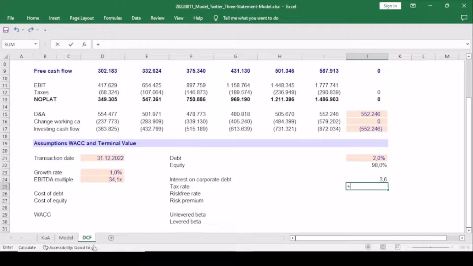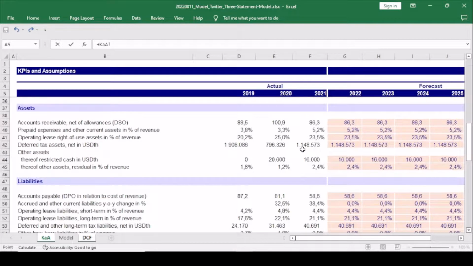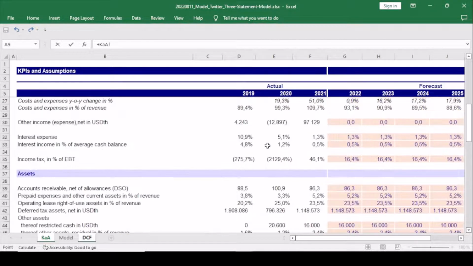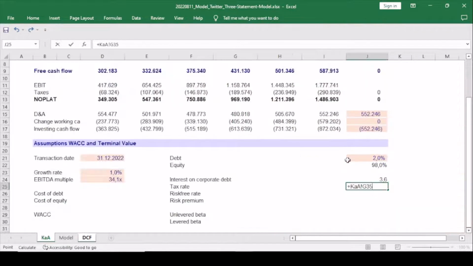As tax rate, we link to the effective tax rate we defined in our assumption sheet. Risk-free rate, risk premium.